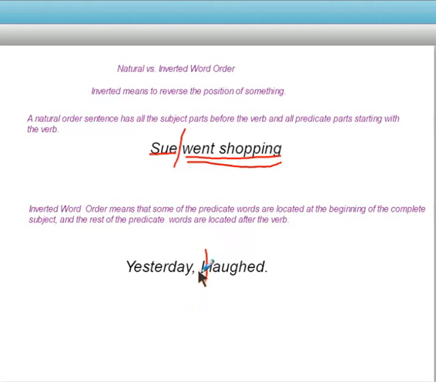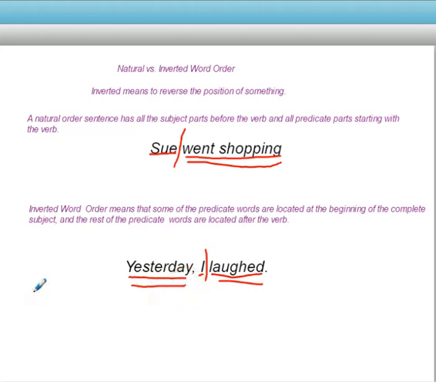Well, my subject's right here. Okay, and here's my verb. Laughed how? Or when, excuse me. Laughed when? Yesterday. Well, that goes with the verb, so we have to underline it twice. Yesterday is describing when for the verb, so it's an adverb.